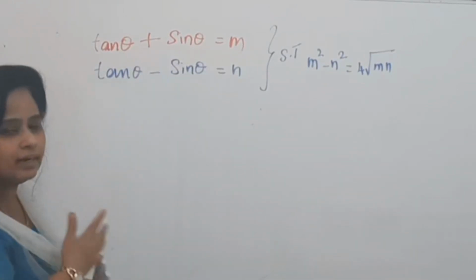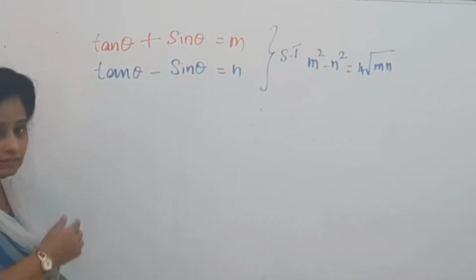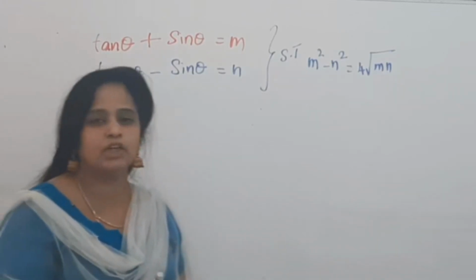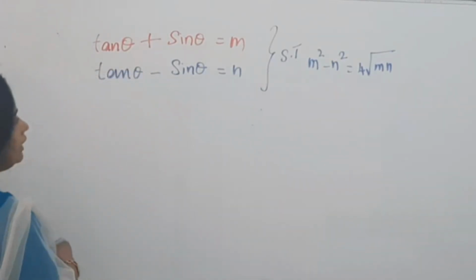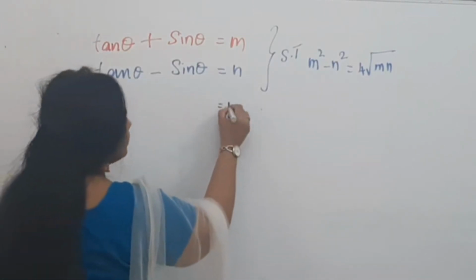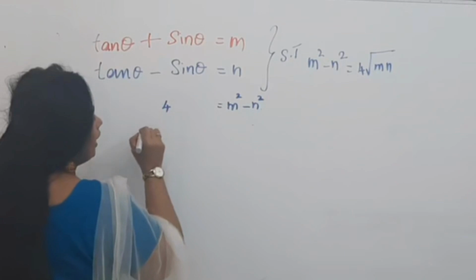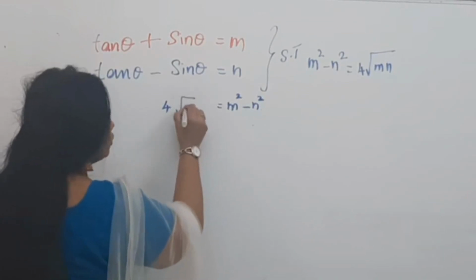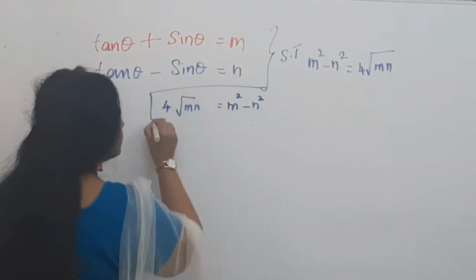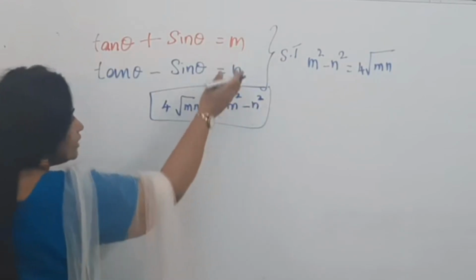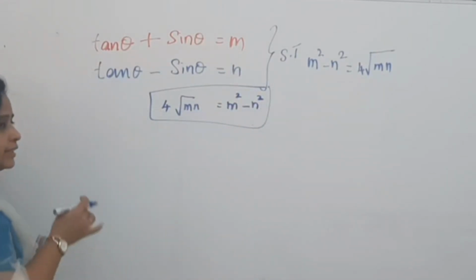So you understand that point while writing the question itself, especially I'm talking about these trigonometric ratios. Now next, what they are asking is m square minus n square is equal to 4 root mn. This is what they are asking. So write like this, you will get an idea.